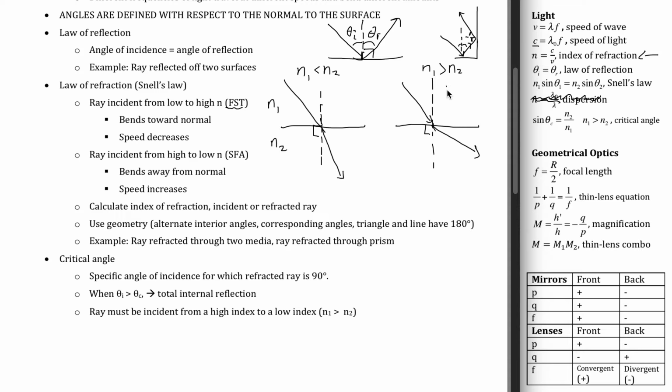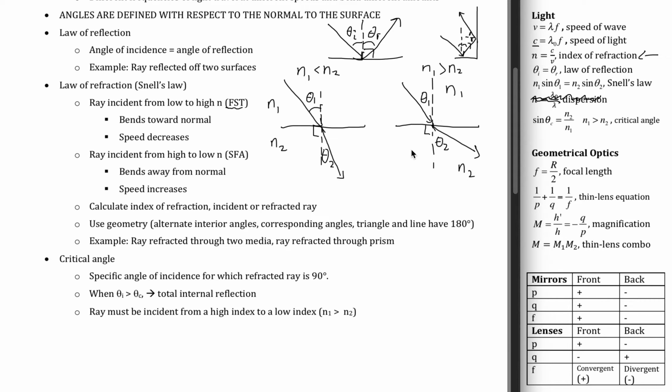We're always incident from N1 into N2, and that's going to help us define our angles as well. So the incident angle, theta 1, and then the refracted angle, theta 2. Same thing here. The incident angle, theta 1, and the refracted angle, theta 2.